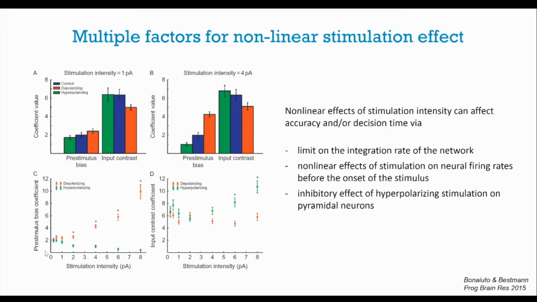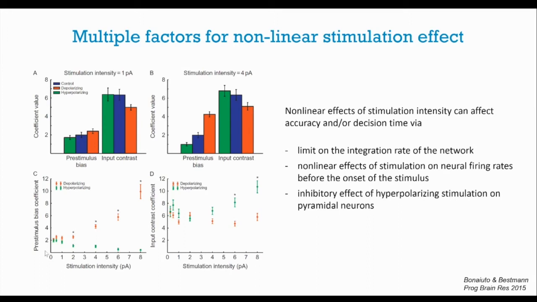And then there is potentially an inhibitory effect on the pyramidal neurons, certainly with hyperpolarizing stimulation. In principle, those are ideas one could test, in this case obviously in an animal recording and not in humans. It's just to say that this is just one model, which has a lot of assumptions and features.